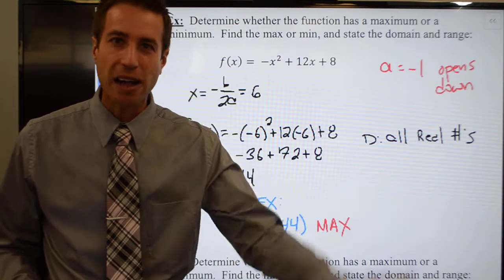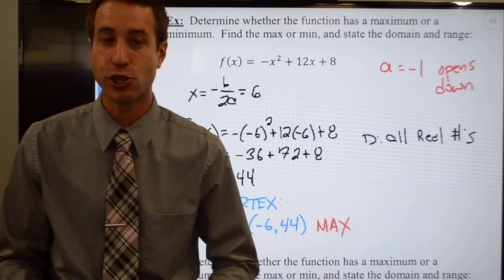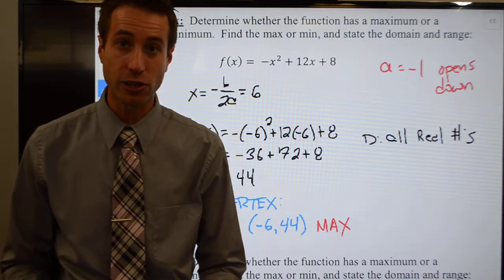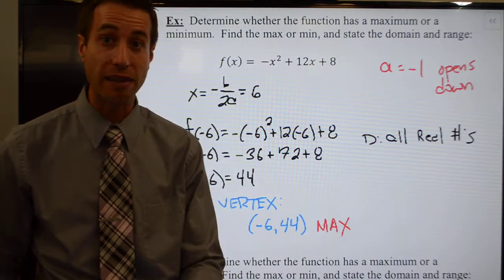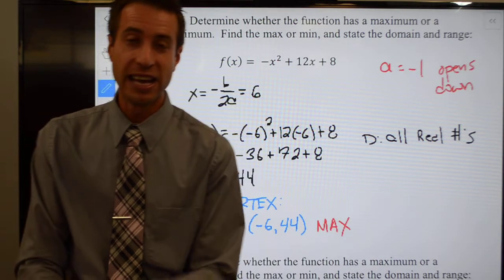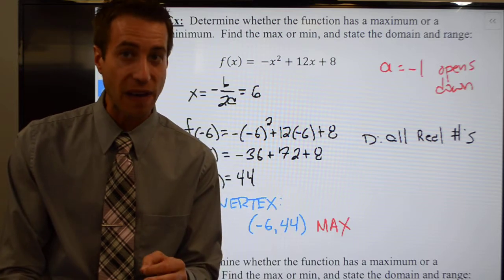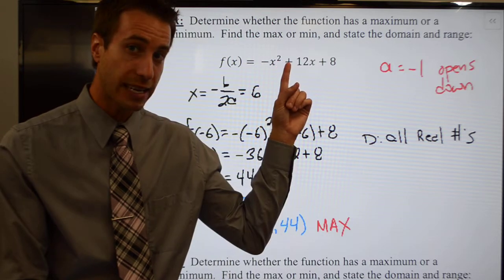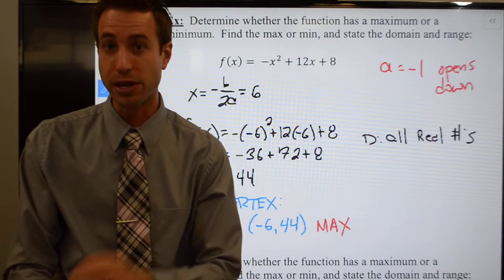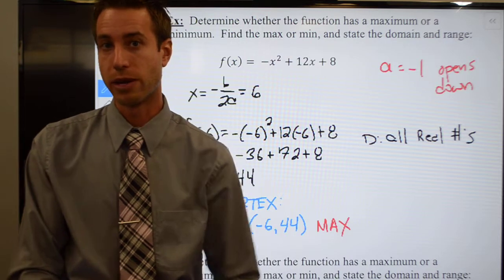Pick any value of x you want to. Positive, negative, rational, irrational. Pick any number. You can plug that into this function and get a y value. Any number you want. Try a couple. In fact, there isn't a single value that you could plug in here and not get a y value. Every single real number will work. And so my domain will be all real numbers.